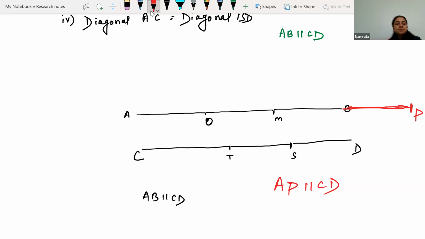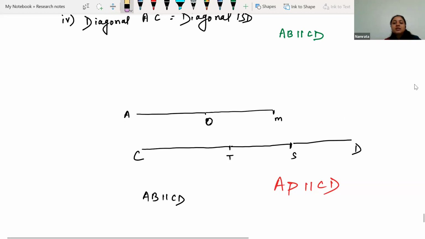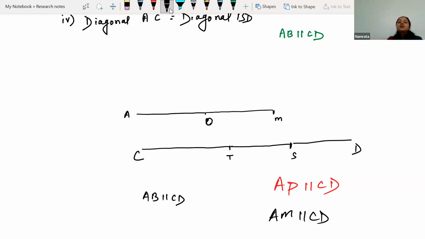Or if you are reducing the line, let's say this is not P, and only AM is left, then AM will also be parallel to CD. So if two lines are parallel, even if you stretch or reduce it, both lines will still be parallel.